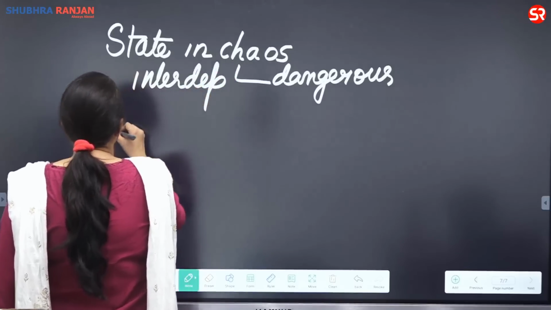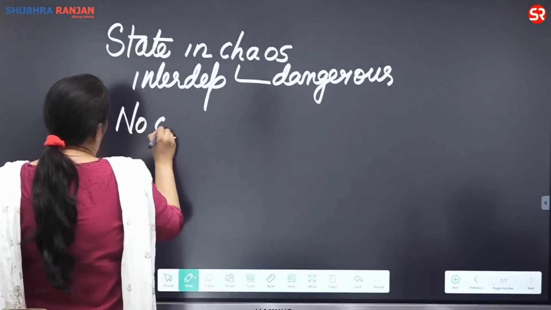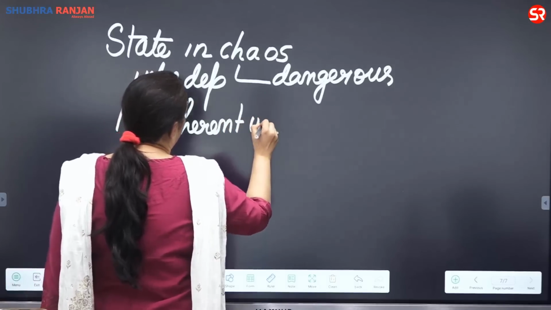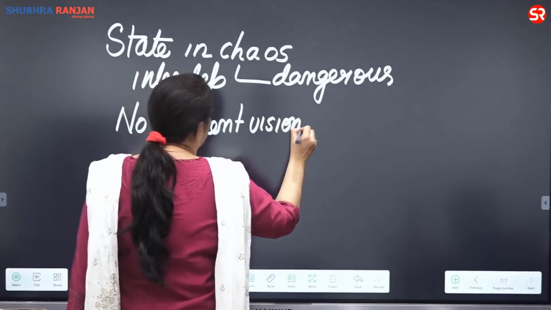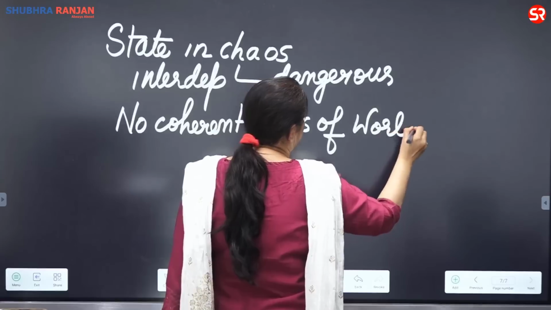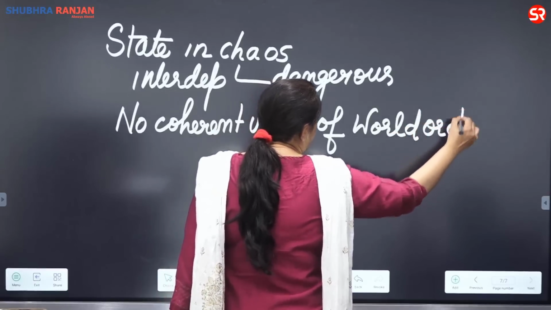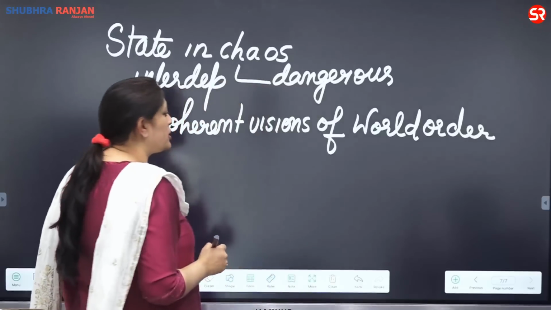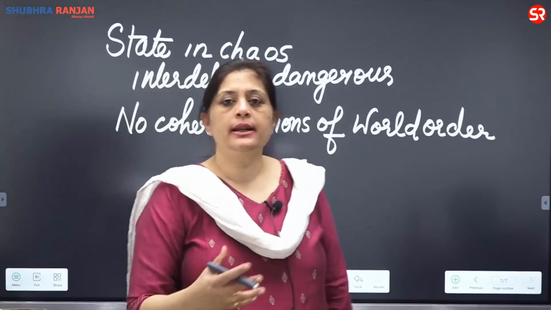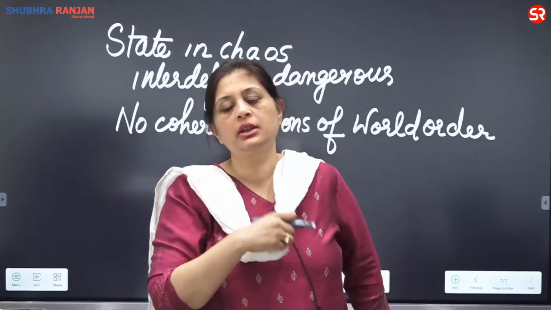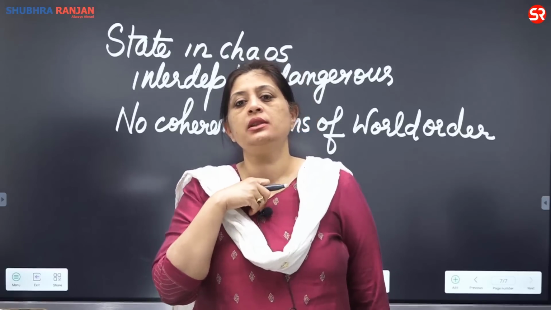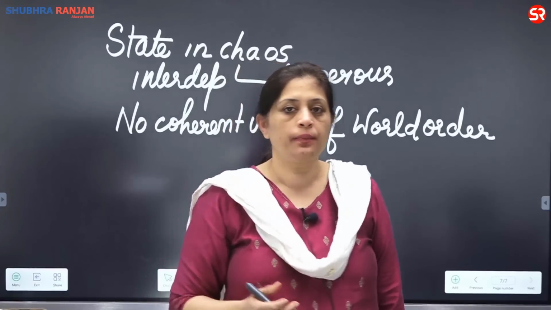And the problem is there is no coherent vision of the world order. The US vision is different, the Chinese vision is different, ISIS or Islamic fundamentalists, their vision is different. So first of all, there is an absence of a coherent vision.